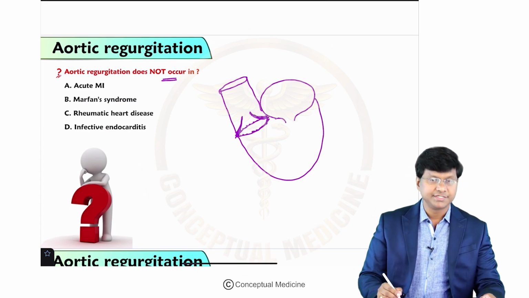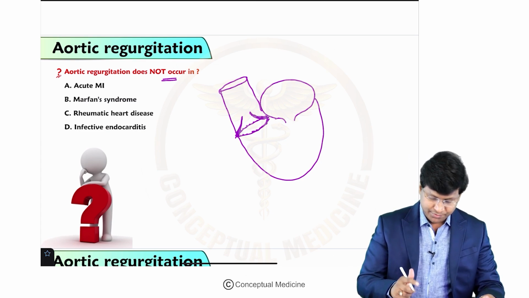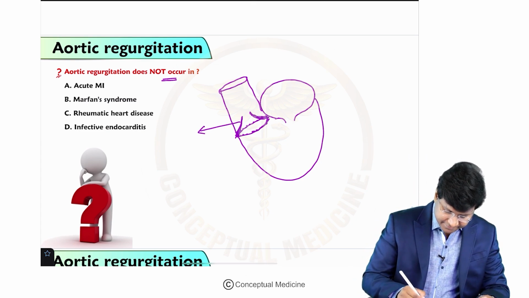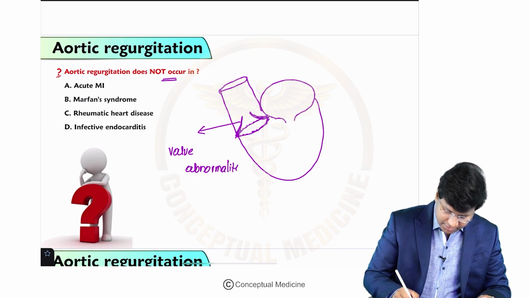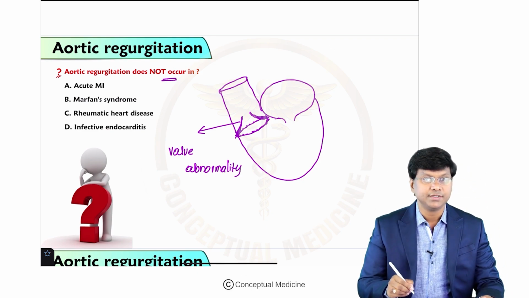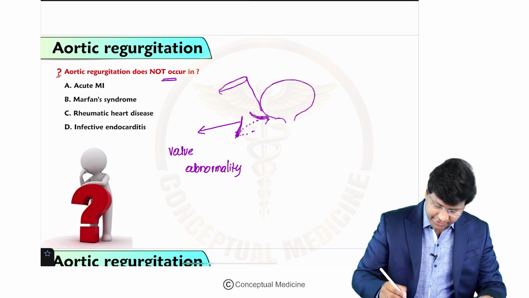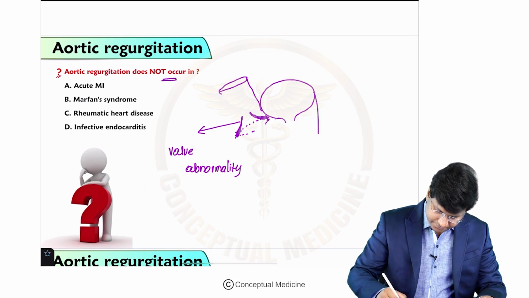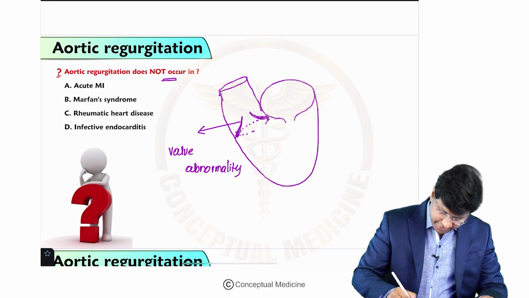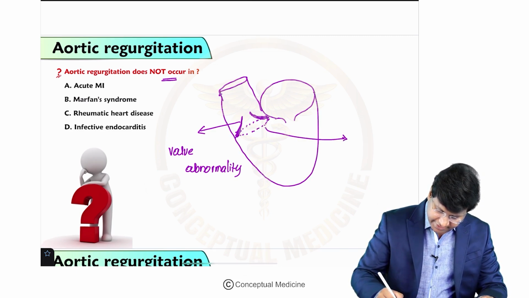So aortic regurgitation can occur either due to valvular abnormality or due to deformity of the aortic root.